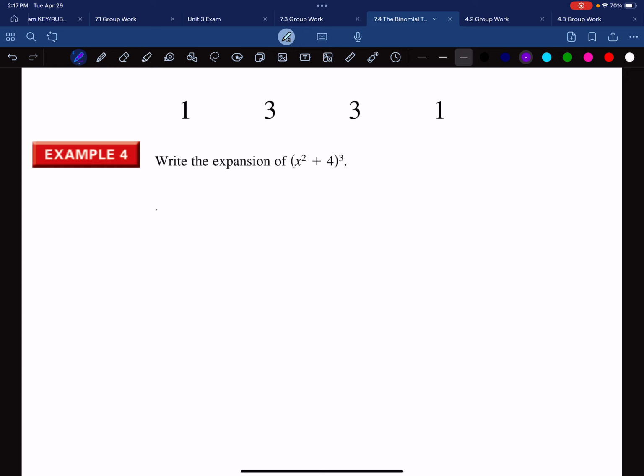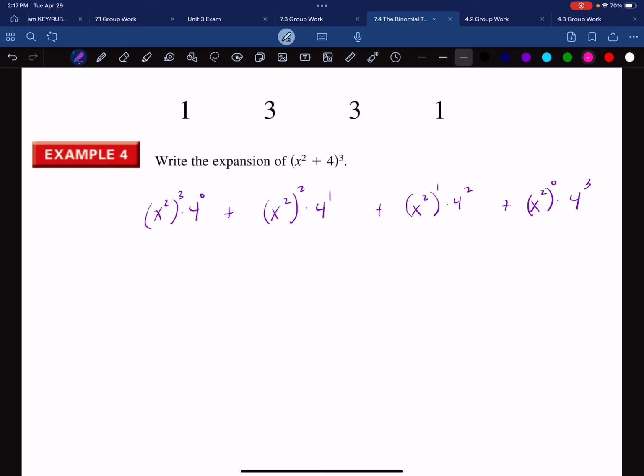So my first term is going to be x squared to the 3rd times 4 to the 0 plus, leave some space for a coefficient, x squared, now that exponent comes down by 1, so squared times 4 to the first, that one goes up by 1, plus x squared to the first, 4 squared, and then finally plus x squared to the 0 times 4 cubed.